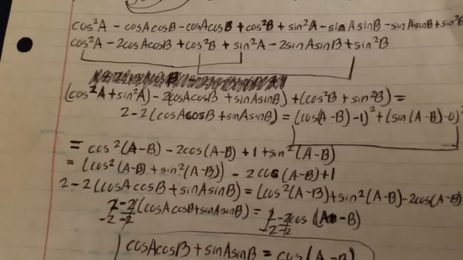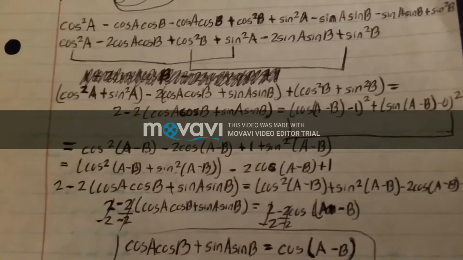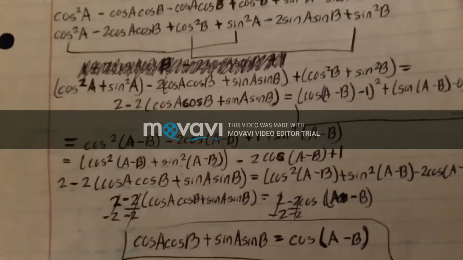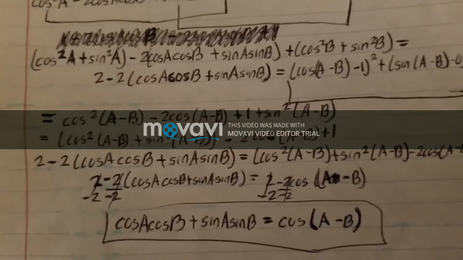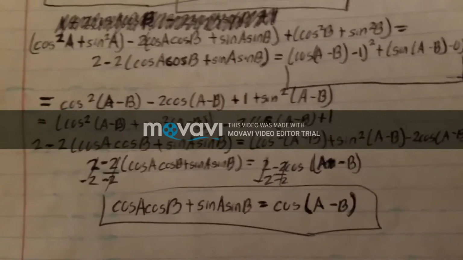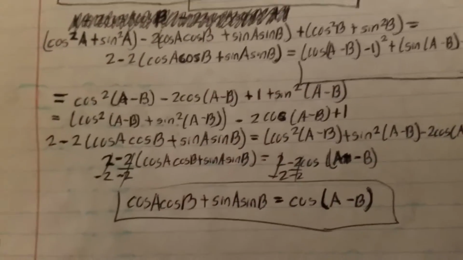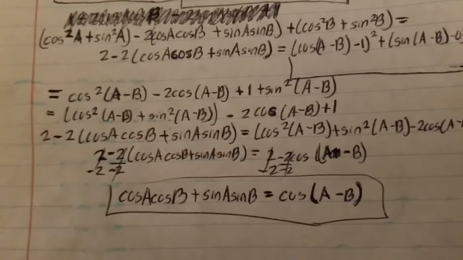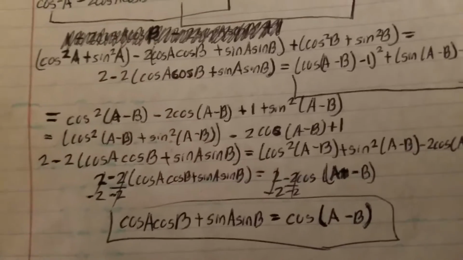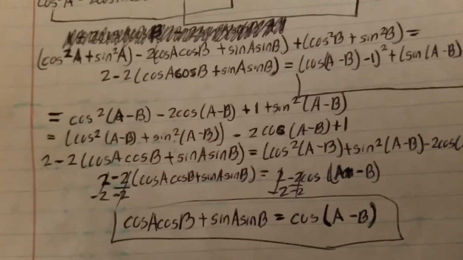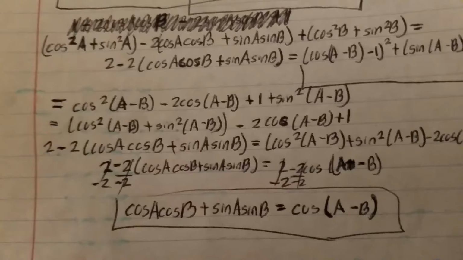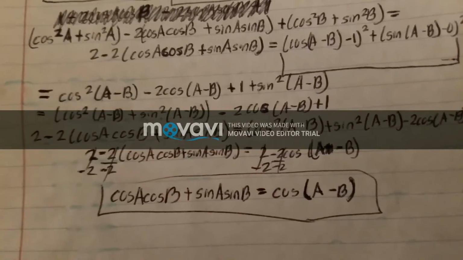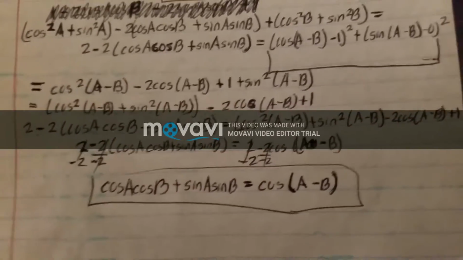Wow, crazy. Anyways, since we have the left side all finished up, we move on to the right side, which is cosine of A minus B, minus 1 quantity squared, plus sine of A minus B, minus 0 quantity squared.